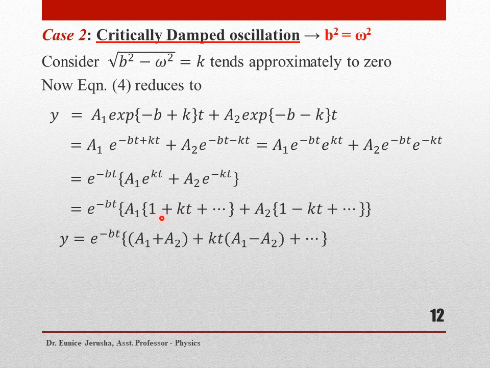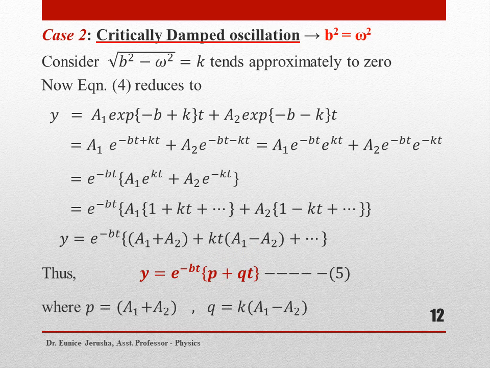So, for the kt term here a1 is the coefficient and for the kt term here minus a2 is the coefficient. Therefore, we have small y to be e power minus bt a1 plus a2 plus kt a1 minus a2. We now substitute a1 plus a2 with another term and a1 minus a2 with another term.